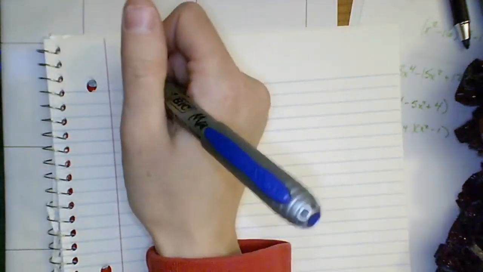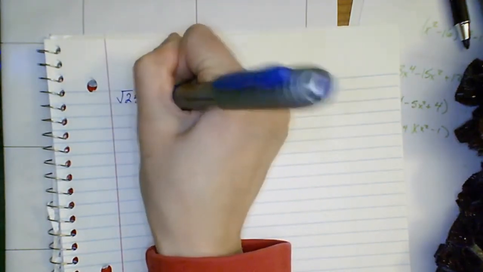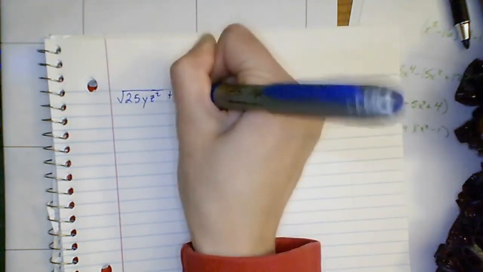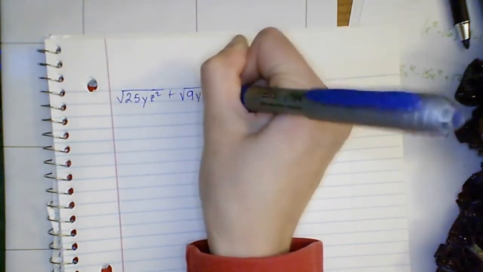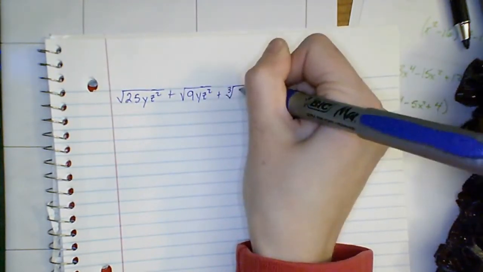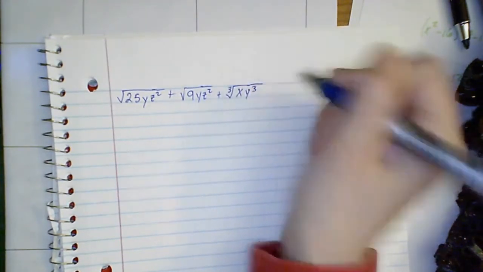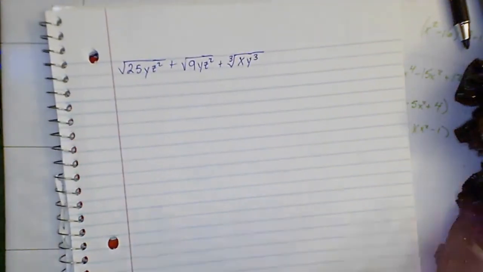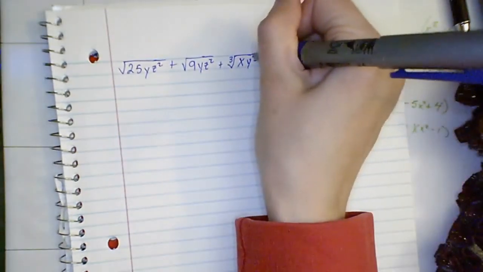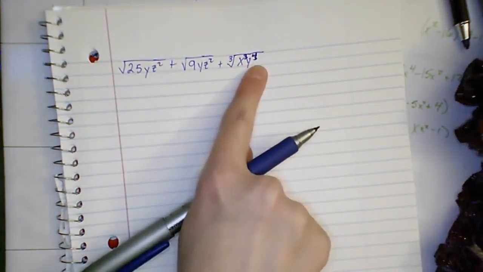And then we have, let's see here, square root 25 y z squared plus square root 9 y z squared, and then plus cube root x to the third, y to the fourth.